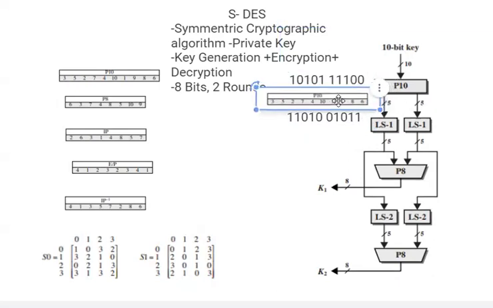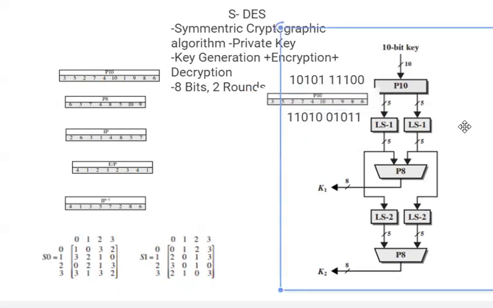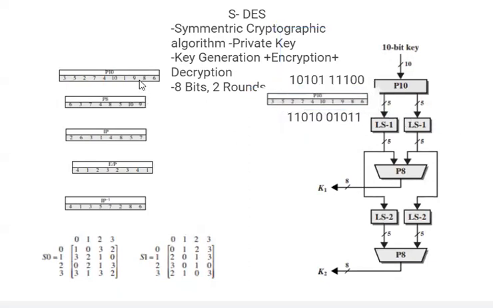Every time we need to apply different permutations. It may be P10, P8, IP, expanded permutation, and inverse of initial permutation. So we take the 10-bit input, then apply P10.